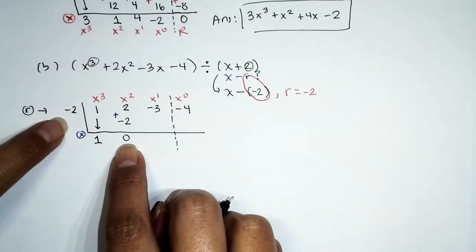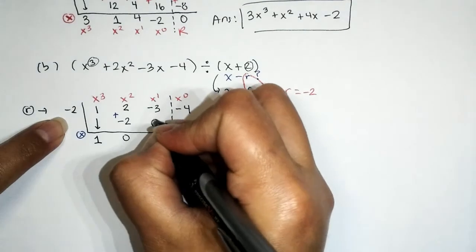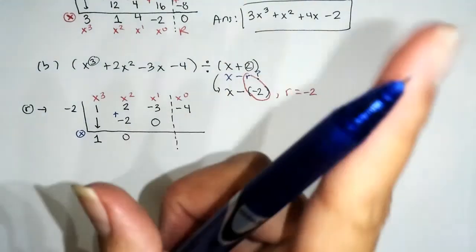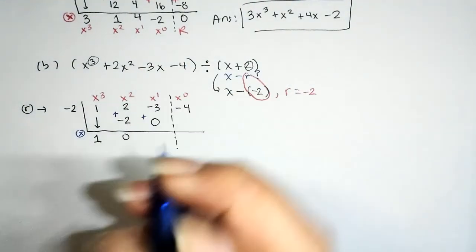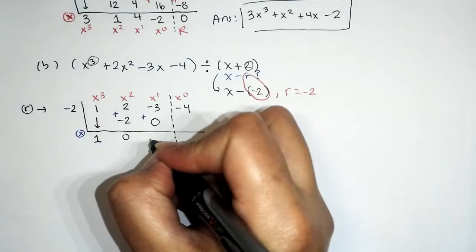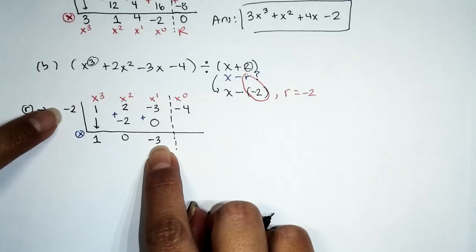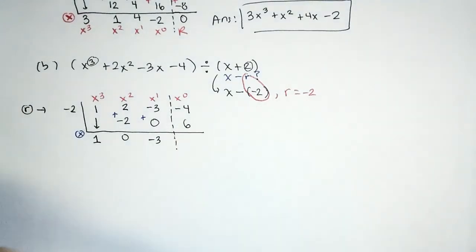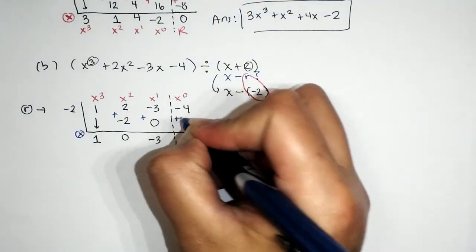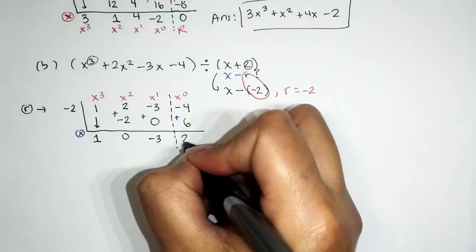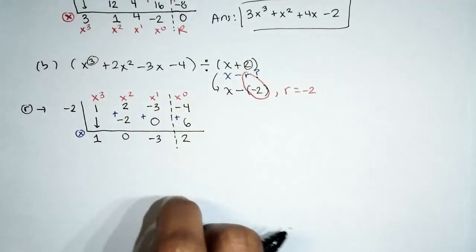The product of 0 and -2 is 0. That sum will give us -3. For the final multiplication, the product of -3 and -2 is 6, and then that sum will give us 2. So we did it. The answer is there, we just got to get it out.